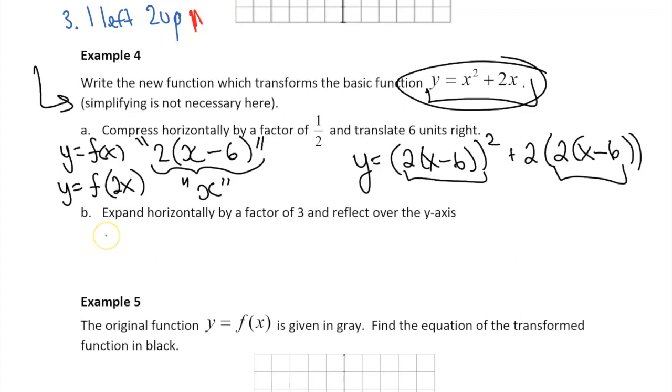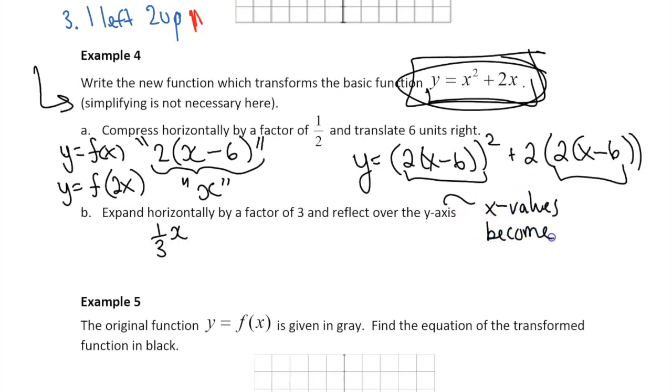And then finally here it says horizontally expand this by a factor of 3. So that's going back to this original question right here, and then reflect it over the y-axis. So if you had something in which you're horizontally expanding by a factor of 3, your x would be replaced with a 1/3 x. And then if we're going to reflect that over the y-axis, that means that our x values become the opposite.